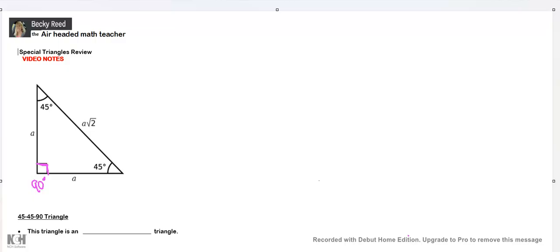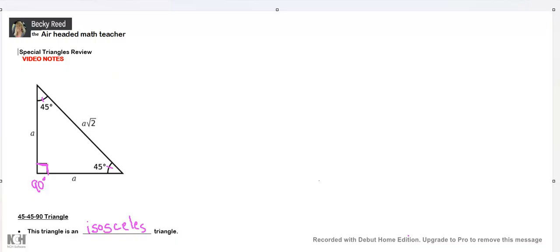First thing I wanted to say about the 45, 45, 90 degree triangle is that it is an isosceles. Isosceles. See, I can spell it. Isosceles triangle. So knowing that, the other two angles here that are not the right angle are 45 degrees, so they are congruent, the same measure.